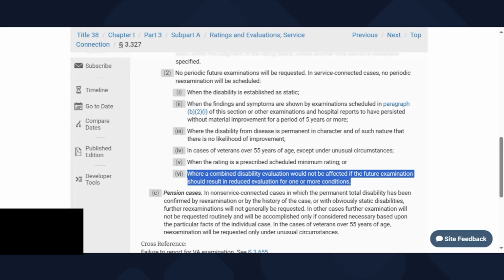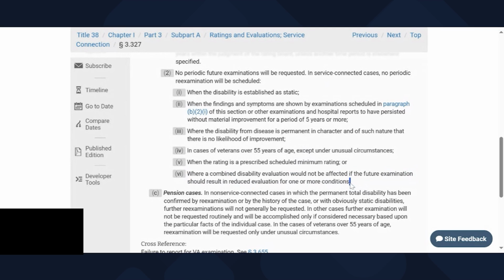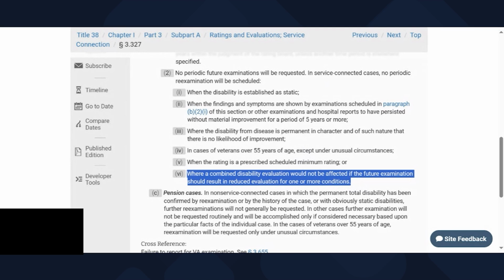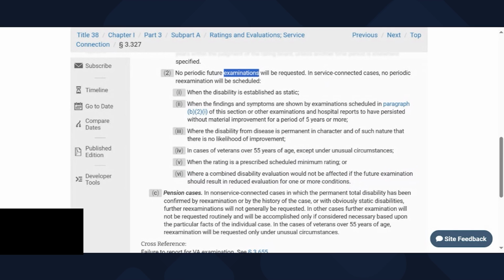If you're at 90 and you stay at 90, the VA is not going to deal with the re-examination. Now, this all assumes that you will be reduced, but this is just a re-examination. Okay, a future exam, so that exam could determine your condition has stayed the same or gotten worse. And there you go. That is how the VA does re-examinations.